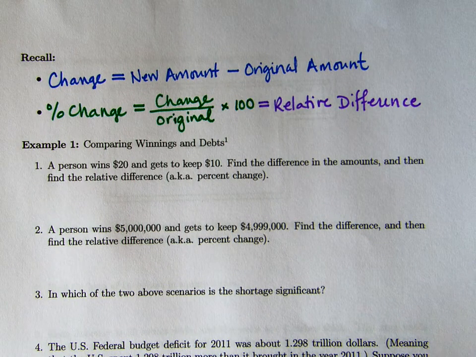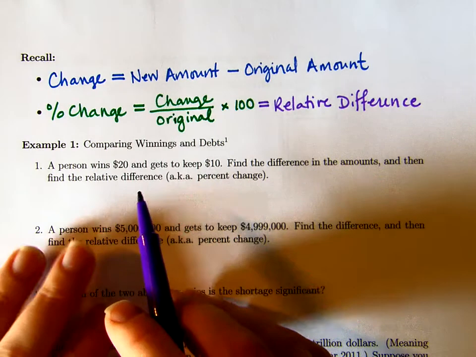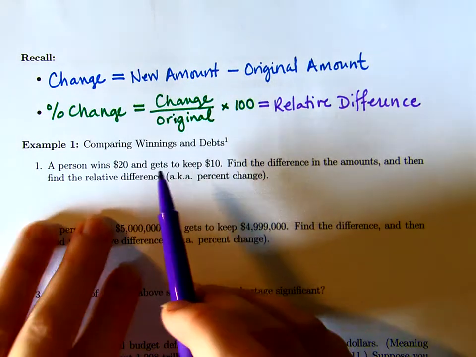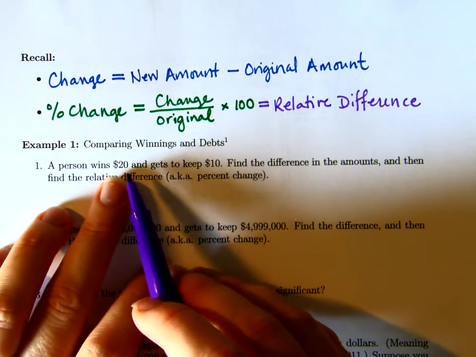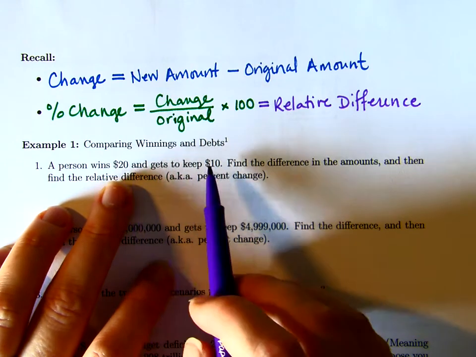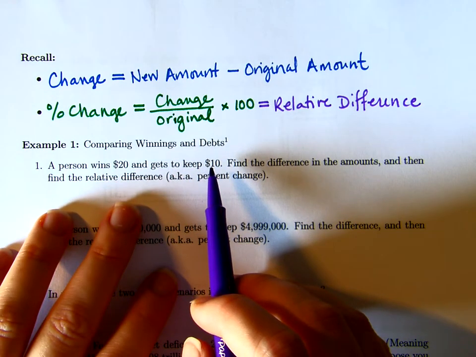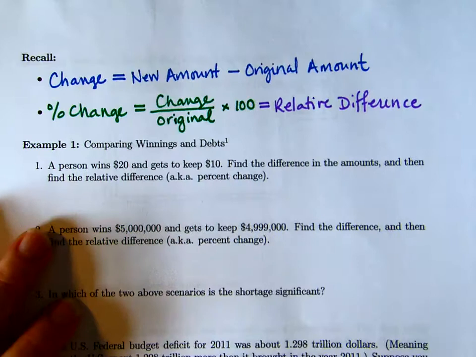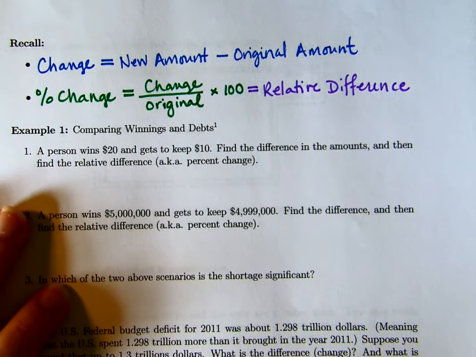That's also another way. So here we go. Let's see. First, original amount was 20, gets to keep 10. Find the difference in the amounts.